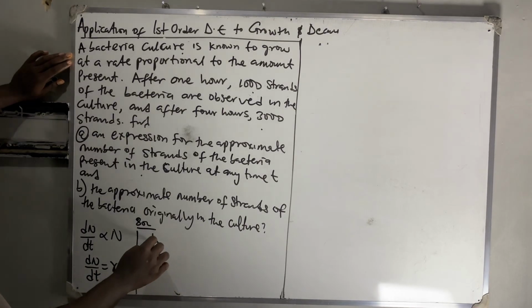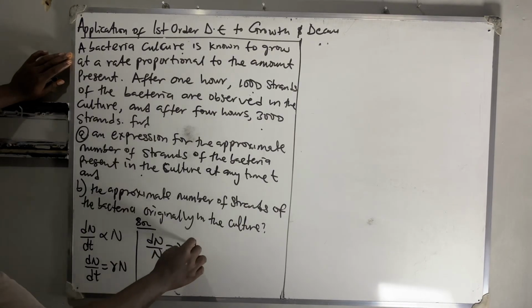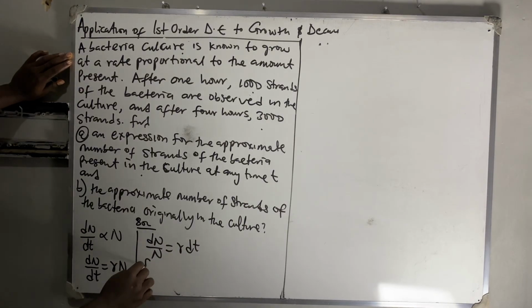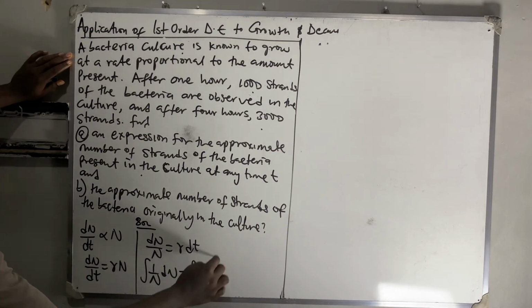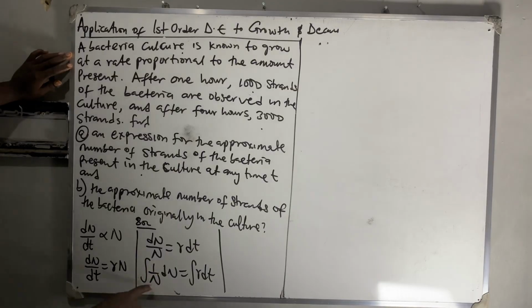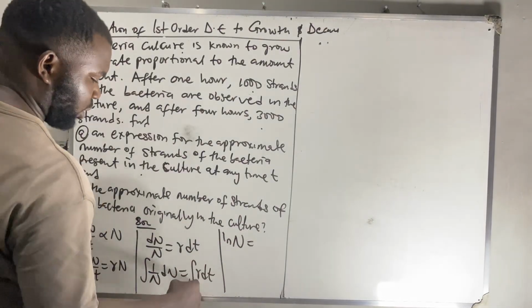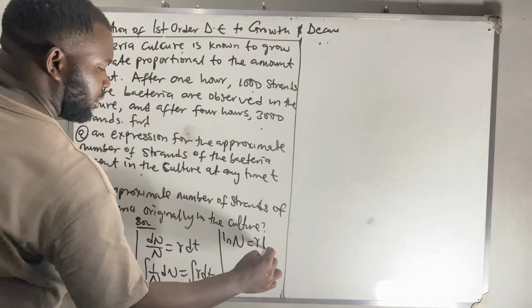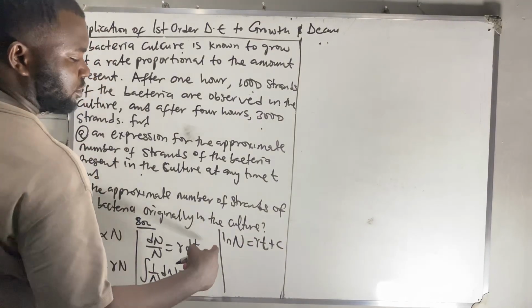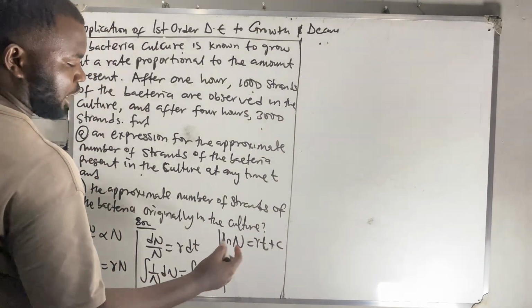So I'm going to be having dN/N is equal to r dt. If I integrate both sides, I have the integral of 1/N dN is equal to the integral of r dt. The integration of 1/N gives us ln N is equal to rt plus a constant. When ln moves to the other side, it becomes exponential.